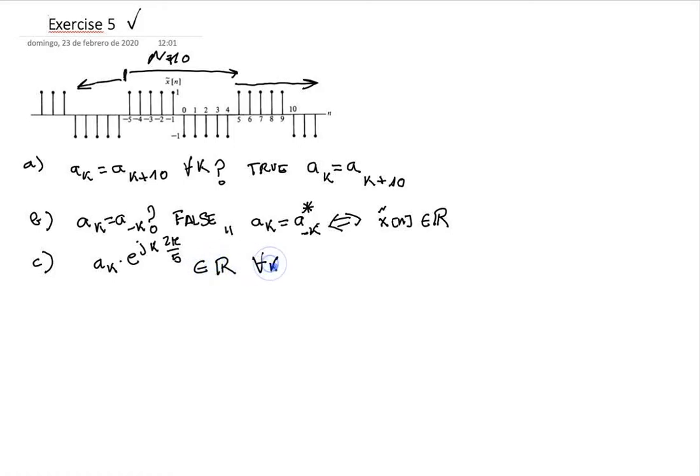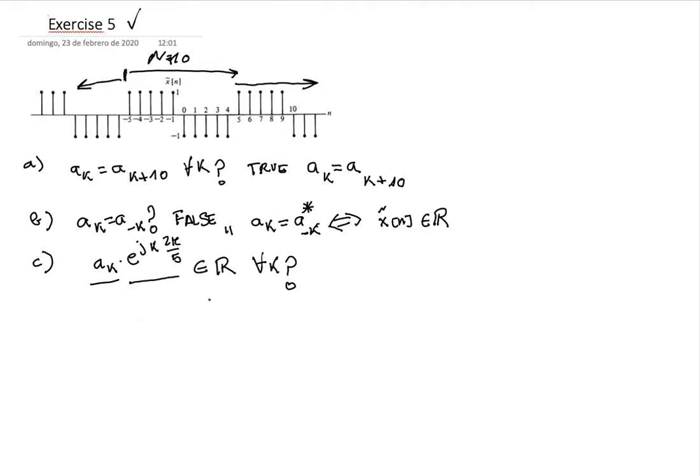Okay, so this looks strange. What we are doing is multiplying, let's say in the frequency, the coefficients a sub k, or the series of the coefficients, by an exponential.